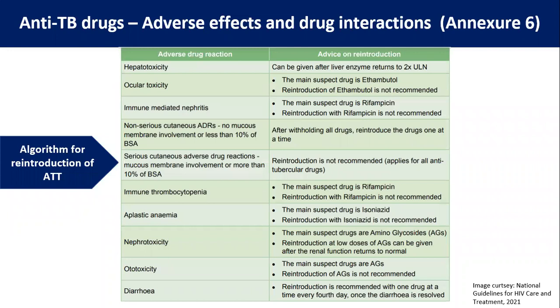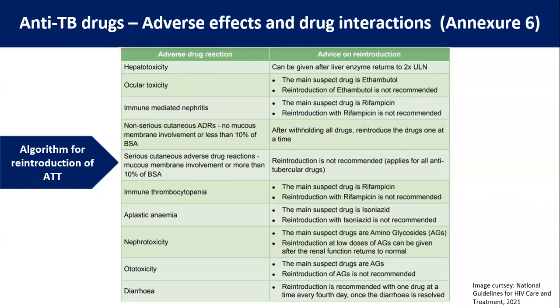So what are the toxicities which allow us to go for reintroduction of ATT, and what are the toxicities for which we should not attempt reintroduction of ATT? First of all, hepatotoxicity: we can go for reintroduction of ATT once the enzyme, as I said, goes below 2 times the upper limit of normal. Ocular toxicity with ethambutol: we should never try reintroduction of ethambutol. And immune nephritis, which is possible with rifampicin, we should never go for reintroduction.